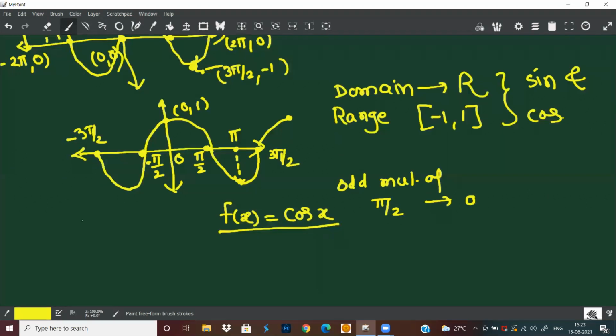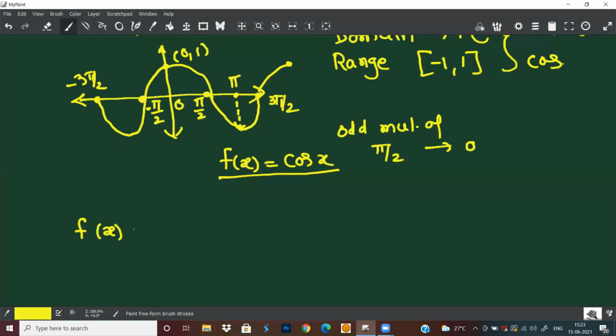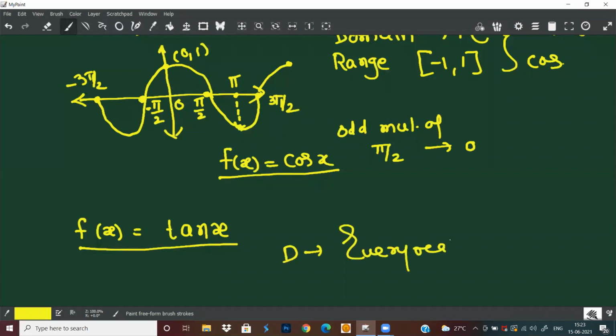Now we go to tan of x. What will be the domain? Every real number except what?